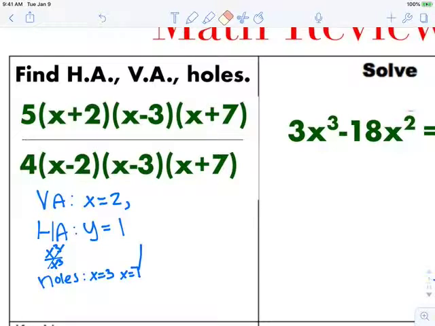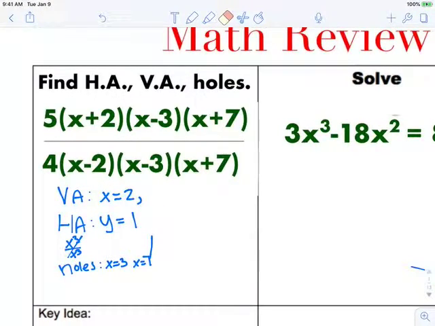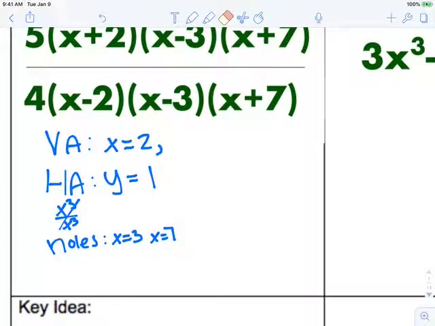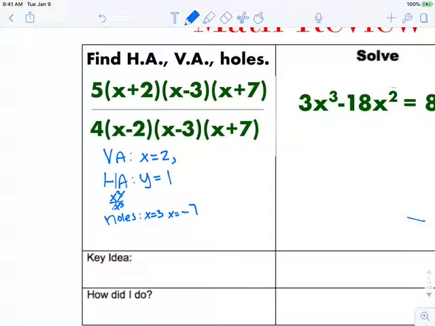All right. So good. If we go down to the hole real quick, you're good with the 3, but your 7 should be a -7. Now, when Miranda was checking the horizontal asymptote, she's right. I see you got the x cubed from right here.